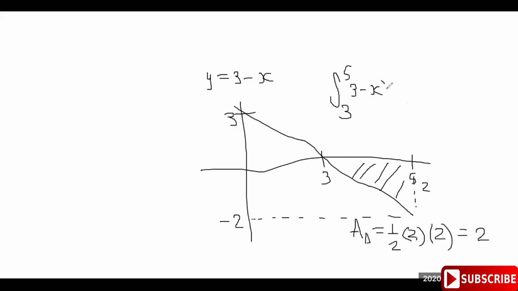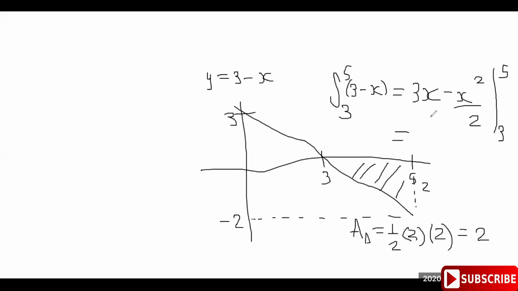Now we're going to use integration and look at what the area is going to give us. Using integration, we add 1 to the power, we get 3x minus x squared over 2, dividing by the new power. We're integrating from 3 to 5. So we'll plug in 5.